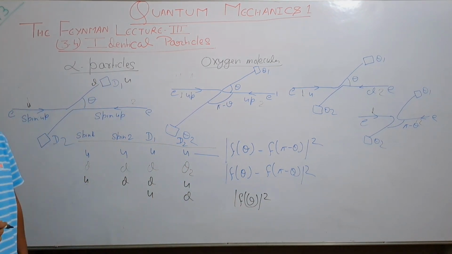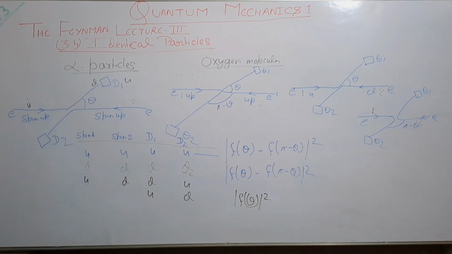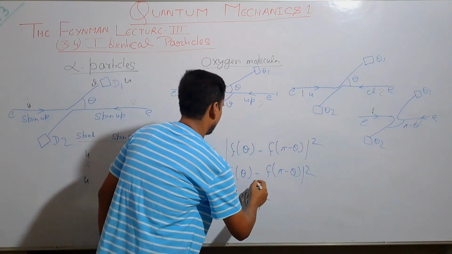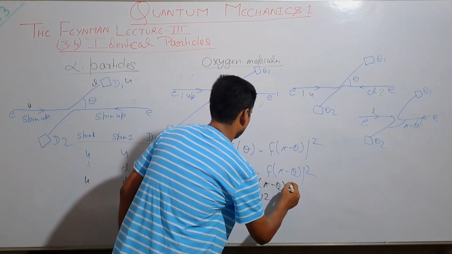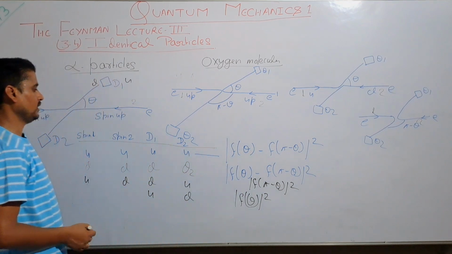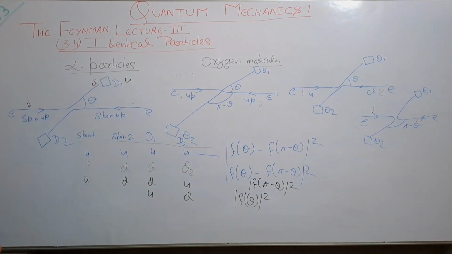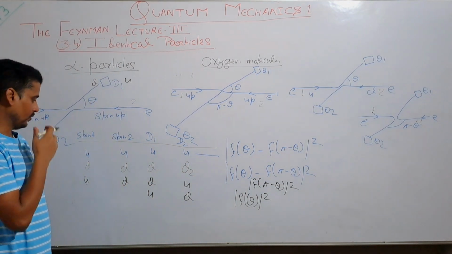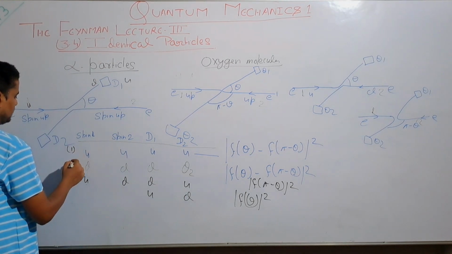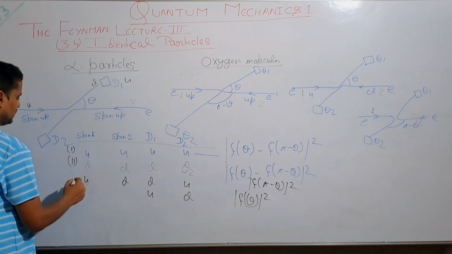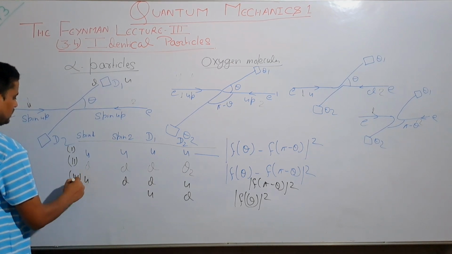If there is an interchange after the collision, then f(pi minus theta) whole squared. This is the probability of getting an electron at detector D1, and this one was the first case, this one was the second case, this one is the third case.